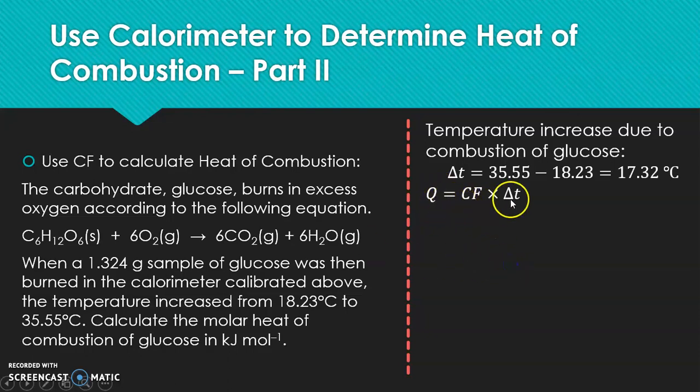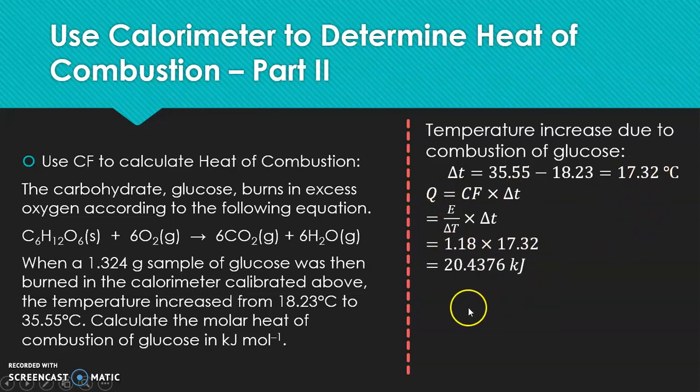Then we use the calibration factor to determine, since this is a temperature recorded, how much heat was actually released. Our calibration factor tells us it's 1.18 times this temperature. So if the temperature increased by 17 something degrees, then the actual heat released should be 20 something kJ, okay?